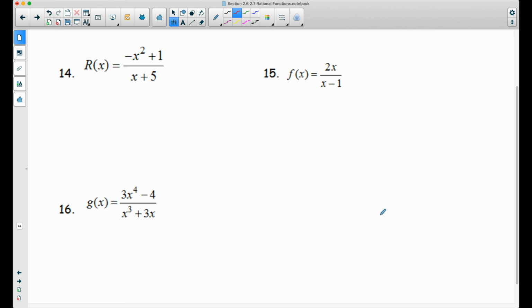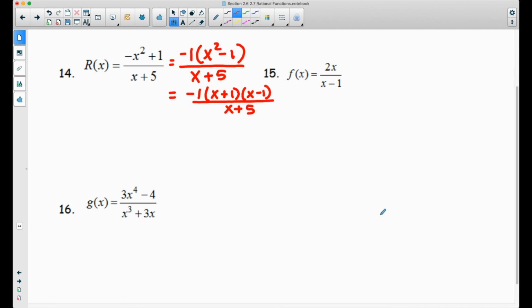So we're not quite there yet on looking at the zeros and stuff like that. We're going to do that when we start graphing. But you can factor the numerator if we wanted to start getting in the habit of it. If I take out a -1, that's the same thing as x squared minus 1, which would be x plus 1, x minus 1.